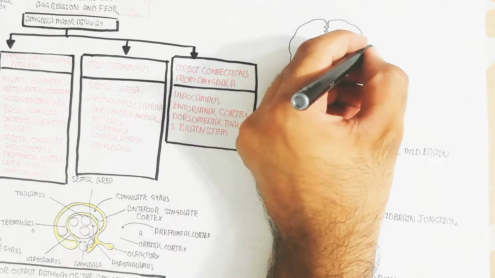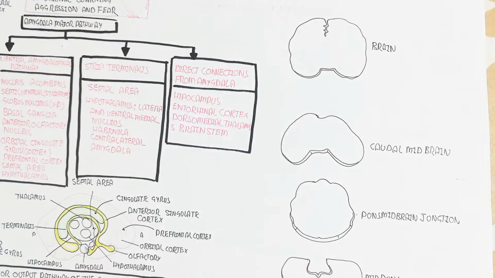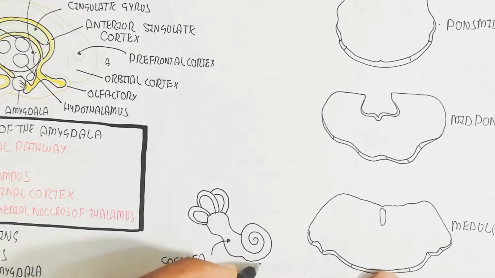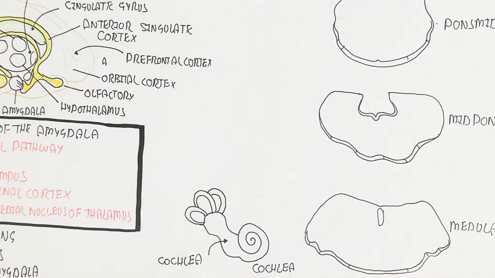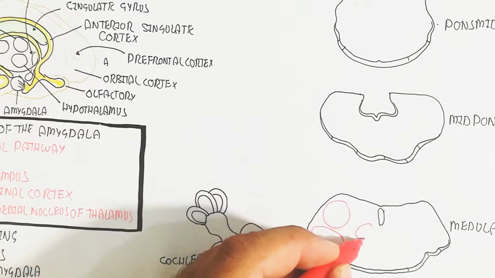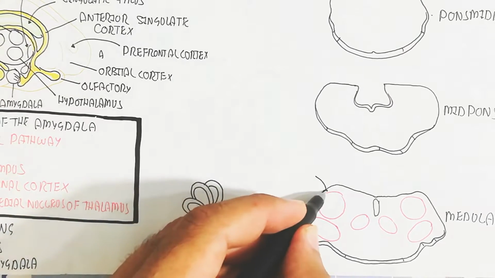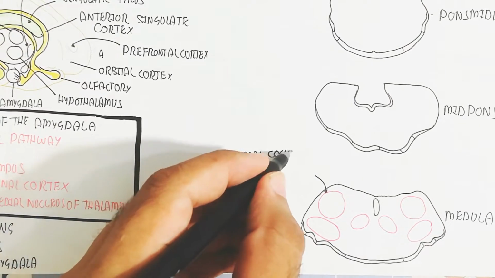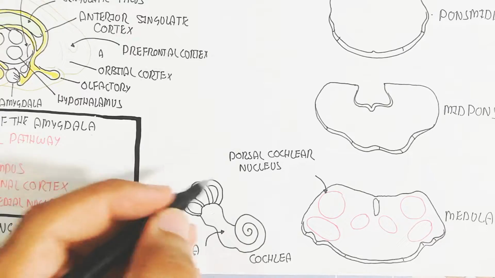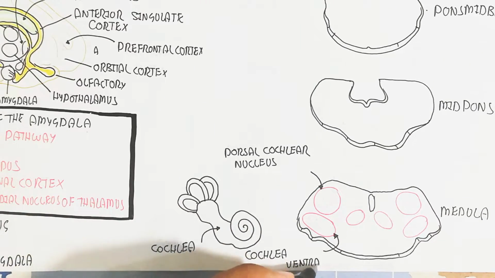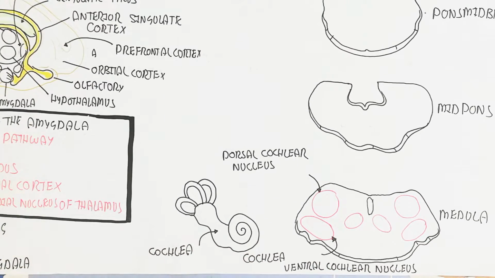So remember, this is the cross section we are taking, and this is basically the anteroposterior view. This is the cochlea, which contains the cochlear nerve, cranial nerve 8, which sends the signal after hearing, after the vibration of the cilia in the cochlea, which receives the stimulus, into the ventral cochlear nucleus and the dorsal cochlear nucleus.